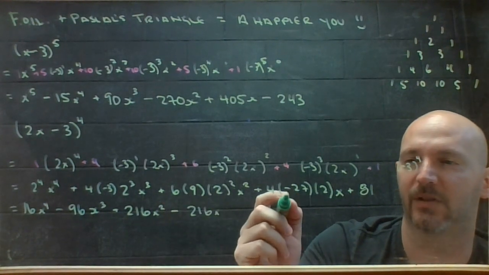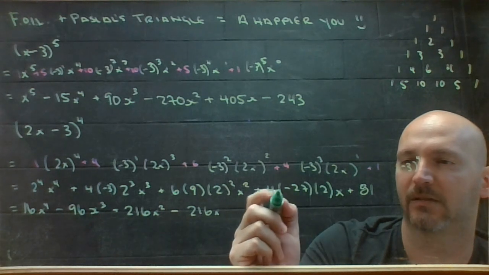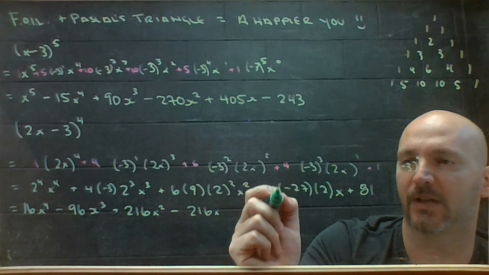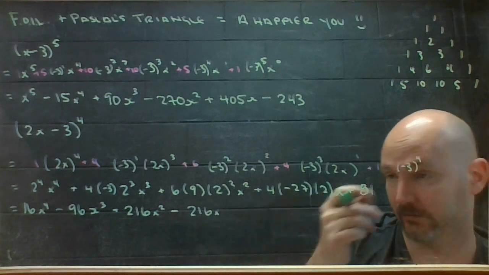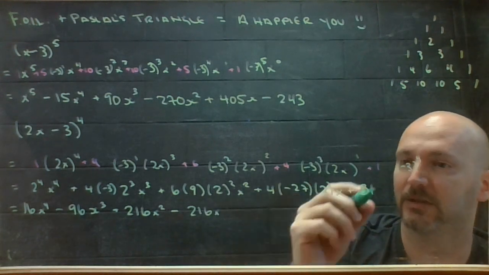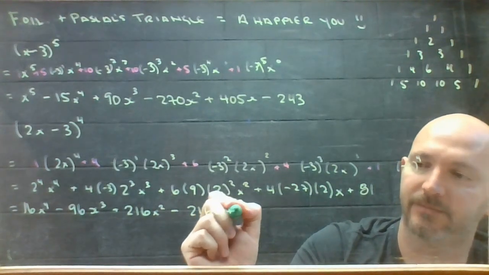Not sure I feel good about that. 4 of these would be 80, would be 108. 108 times 2 is 216. Yeah, okay. Sure. Plus 81.